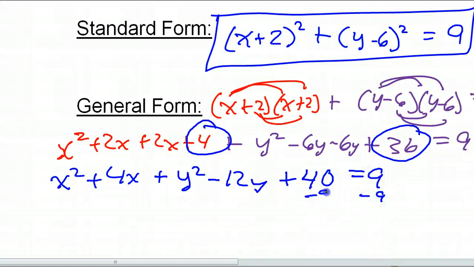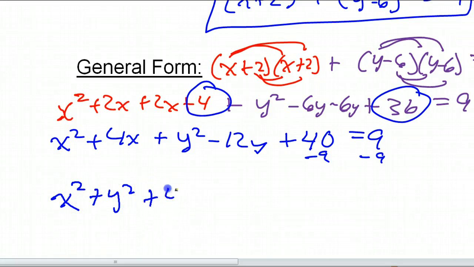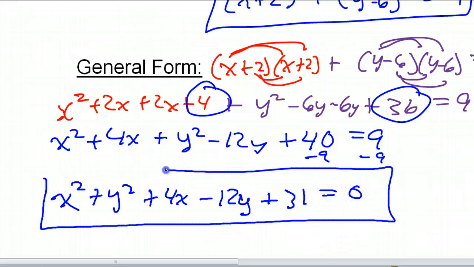So I'm going to have to subtract 9 from both sides. So that's going to give me x squared plus y squared plus 4x minus 12y plus 31 equals 0. All right, is this what everybody got for your general form? Yeah. Any questions?